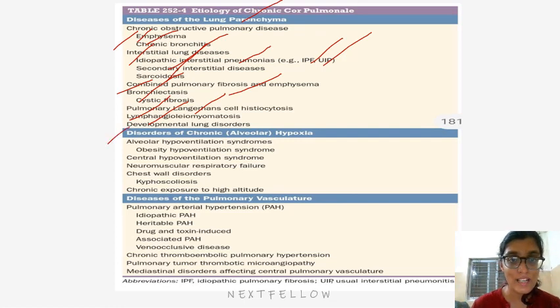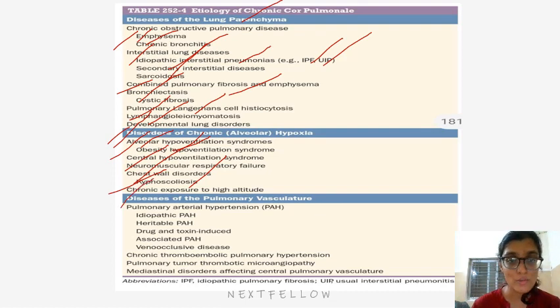Disorders of chronic alveolar hypoxia: alveolar hypoventilation syndromes like obesity hypoventilation syndrome, central hypoventilation syndrome, neuromuscular respiratory failure, chest wall disorders like kyphoscoliosis, chronic exposure to high altitude.